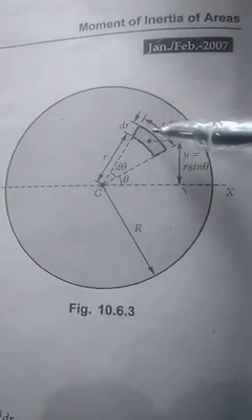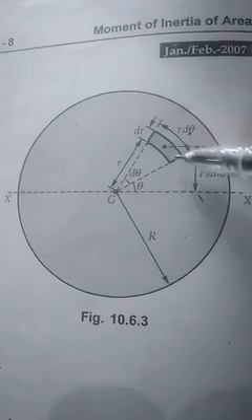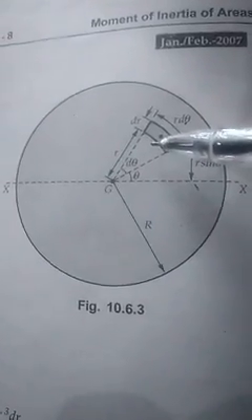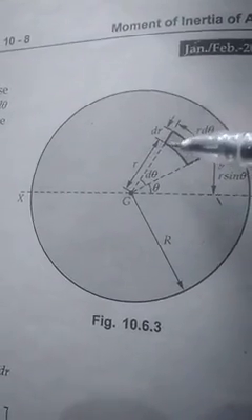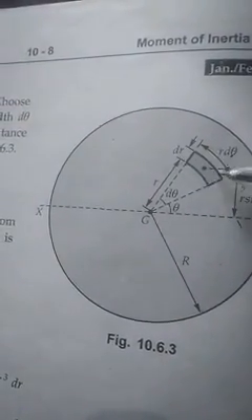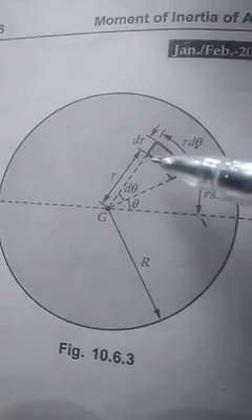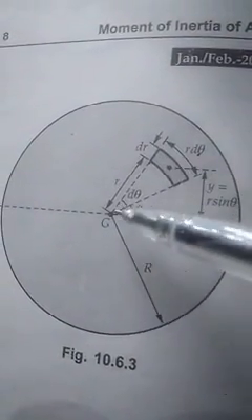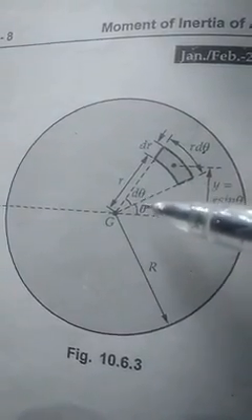This is the smallest element. Even though it is a smallest element, you have to consider it as a rectangle. The radius from the smallest element to the center of the circle is r.